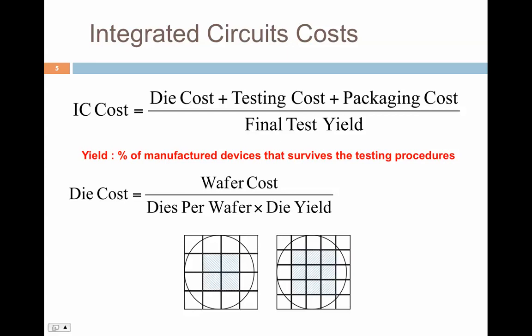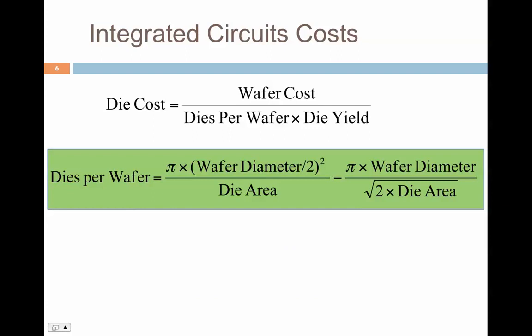This is a die, and all these ones, this one, this one, all of these are wasted. So the second term is compensating for that. What you're doing here is dividing the circumference, which is pi times d, by the diagonal of a square die, and it is approximately the number of dies along that edge, because those dies are not useful for your product.